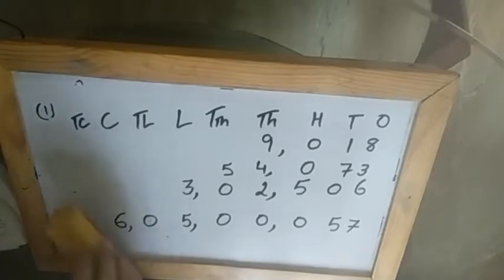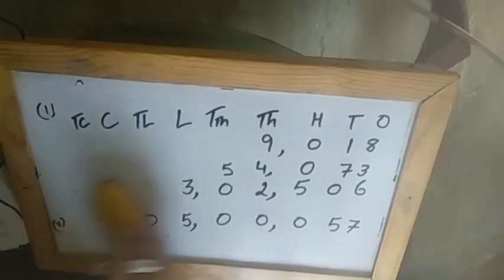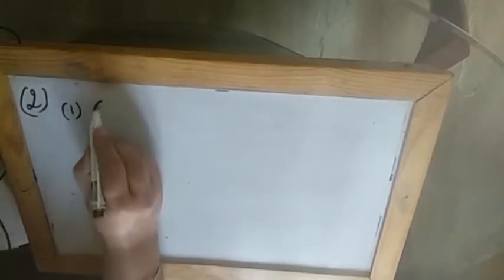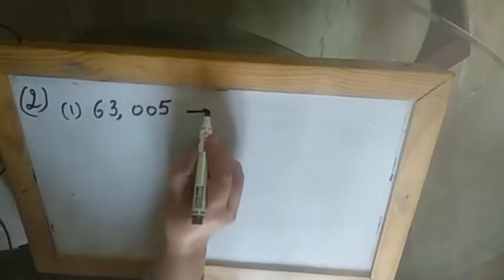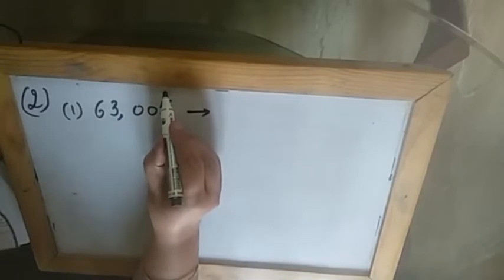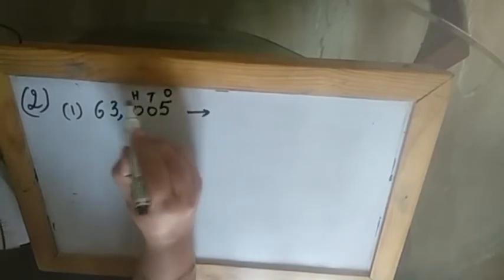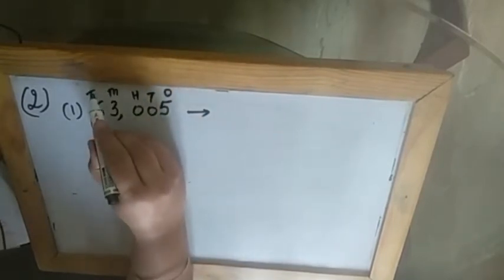Okay, now come to the second question. So now the second question says they have given you in the numeral form and they are asking you to write in words. Now how do we write in words? So whenever you have to write in words, it's better to write the place values on the top: ones, tens, 100, 1000 and 10,000.